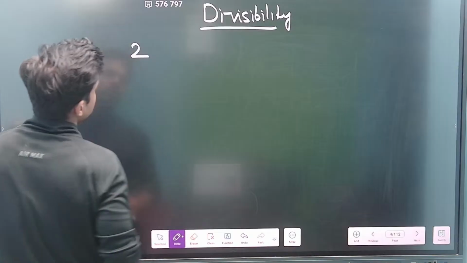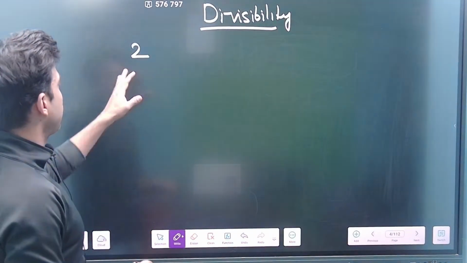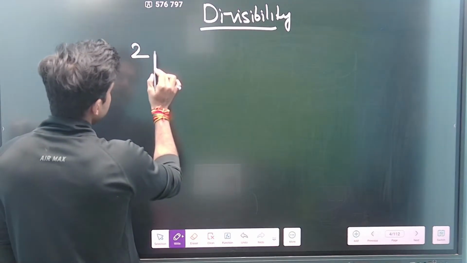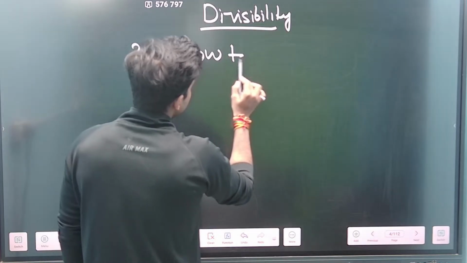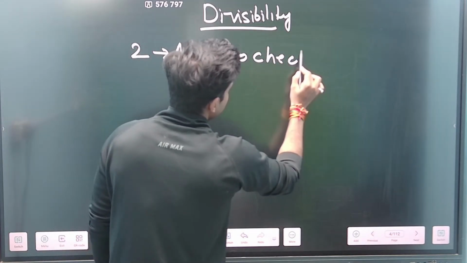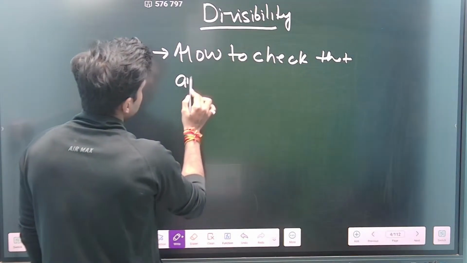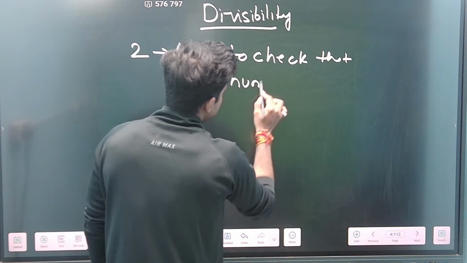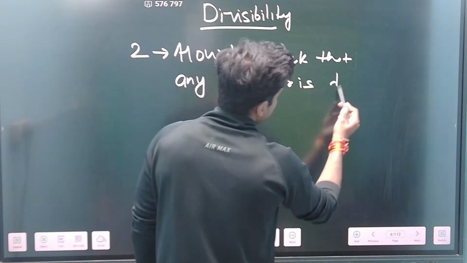Now see everyone, if you want to check whether any number is divisible by 2, how to check that?